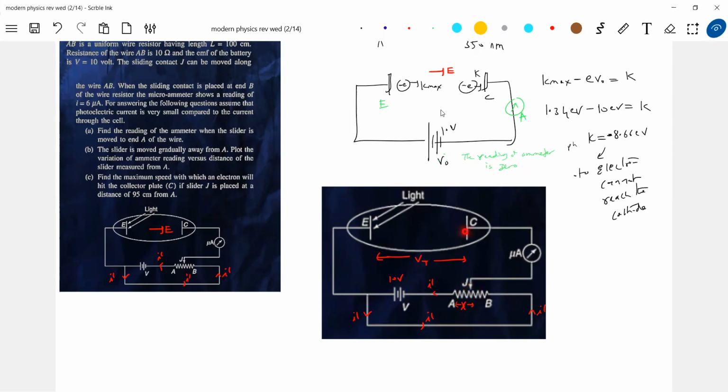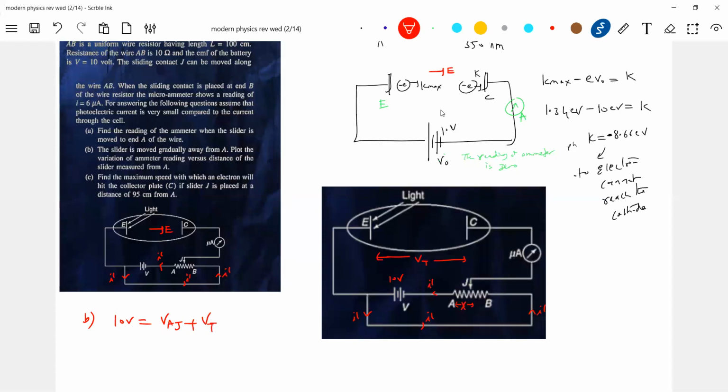The electron starts reaching the cathode. That is the reason, the idea here. Able to understand? So there's a potential divider concept that I have brought. For option B, 10 volt should be equal to VAJ plus VT.